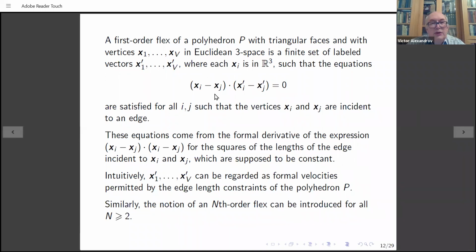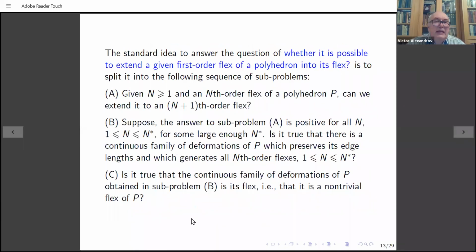So we should just differentiate this equation n times. The standard idea to answer our question of whether it is possible to extend a given first order flex of a polyhedron into its flex is to split this question into the following sequence of sub-problems.